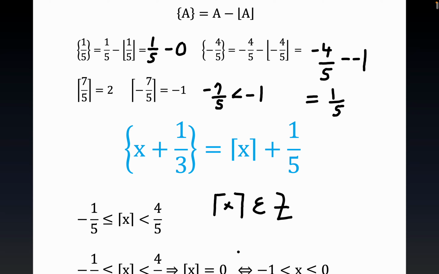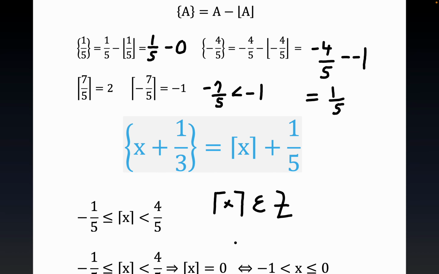Now, the fractional piece has to be, no matter what your input is, let me just write it like this, less than or equal to, and I'll just use these little set braces here, which stand for the fractional piece, and the question mark is any expression whatsoever, less than 1.